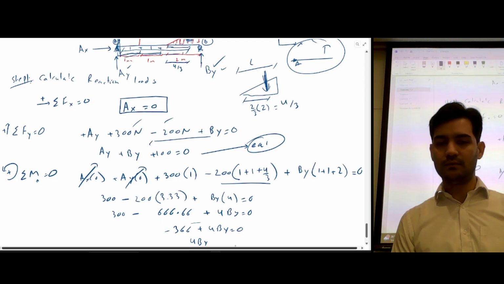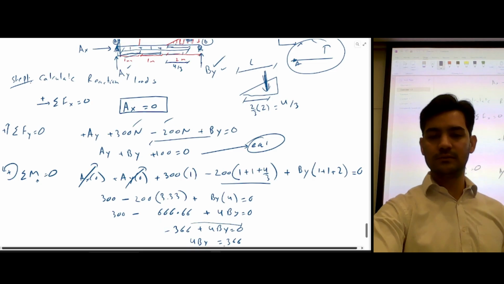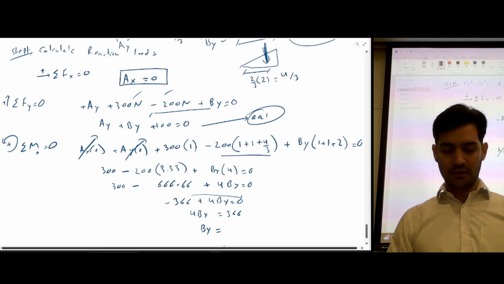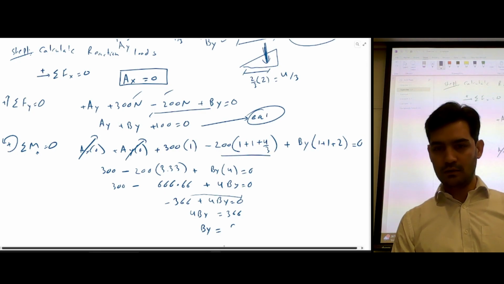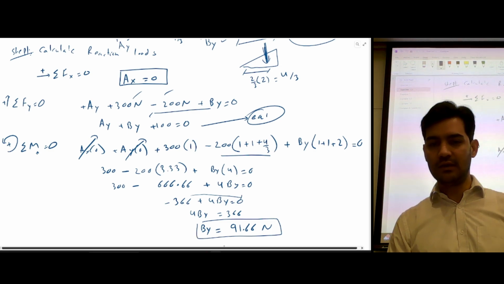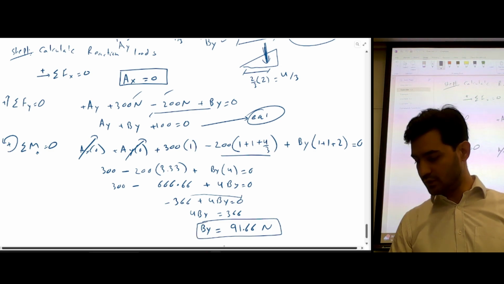We move this to the other side, you're going to get 366, and By would be 91.66 Newton. So that's what I'm getting for the vertical By.